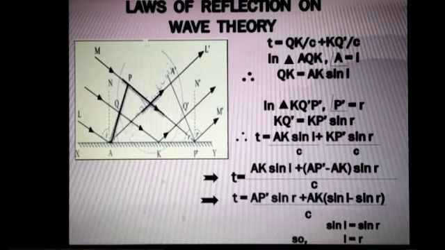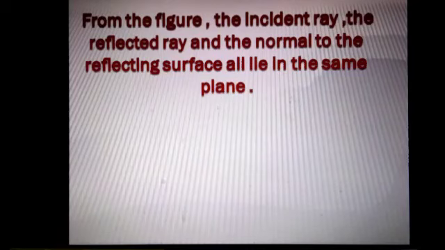If t given by the above expression is independent of AK, it will happen so if sin i is equal to sin r. So we can say i is equal to r. Thus, the angle of incidence is equal to the angle of reflection.